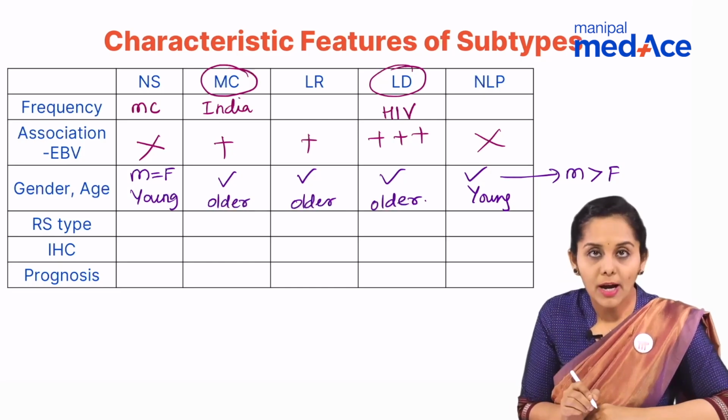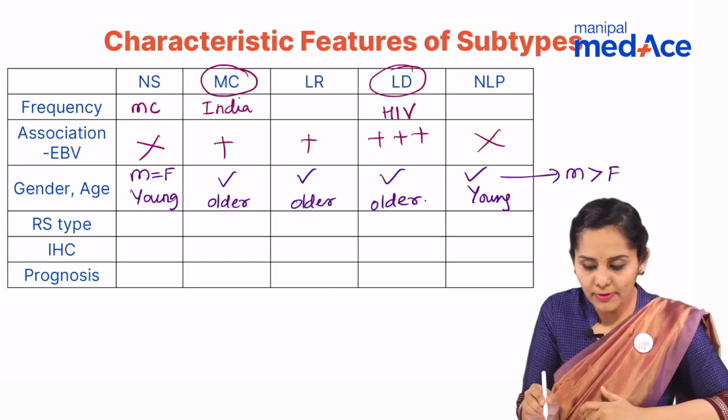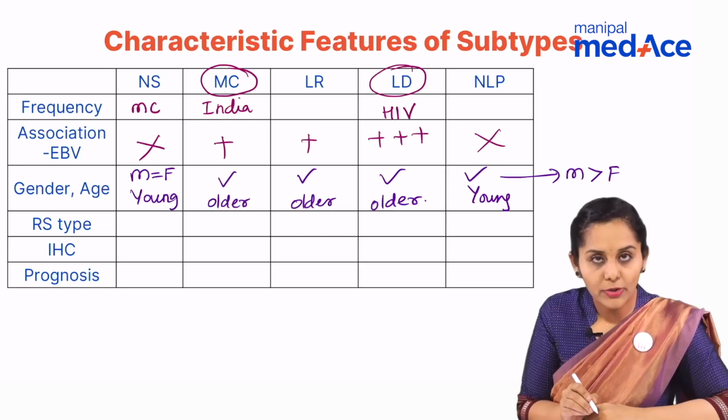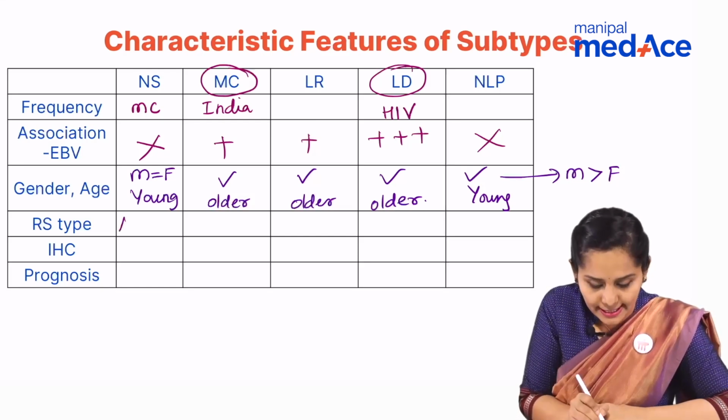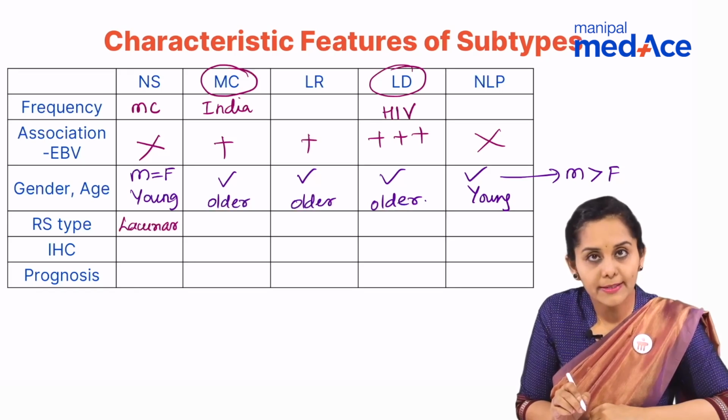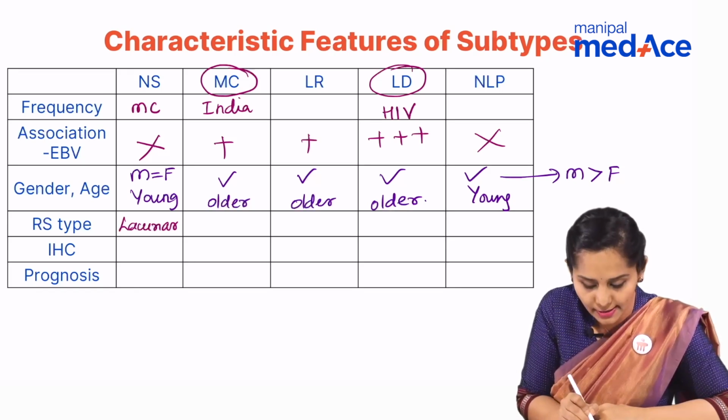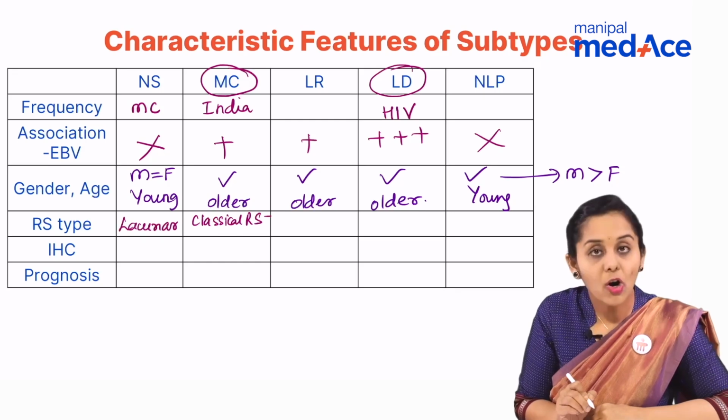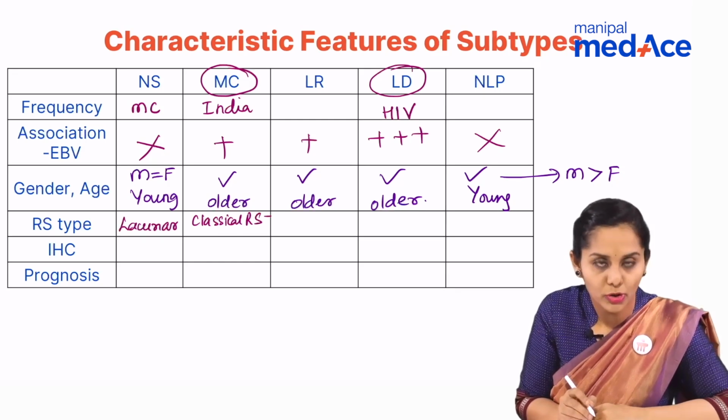The type of RS cell. So now you should be very alert, right? What do you see in nodular sclerosis? It is the lacunar variant. It's more common. Whereas in mixed cellularity, you will see classical RS cells as well as Hodgkin cells, which are called mononuclear cells.